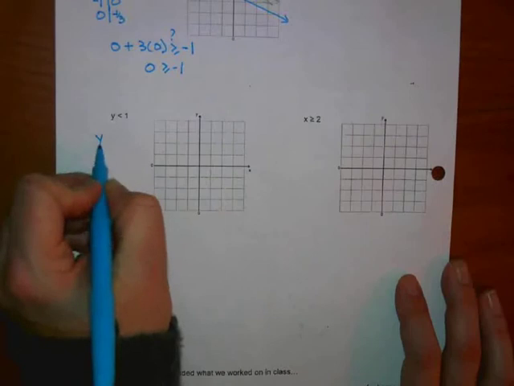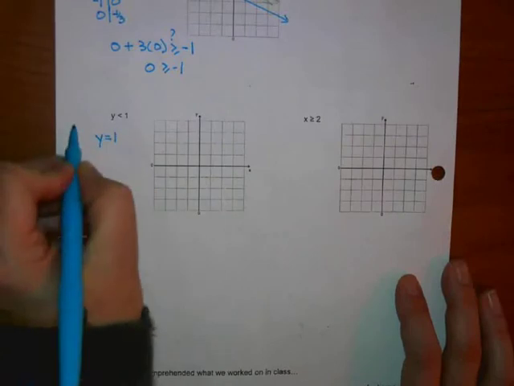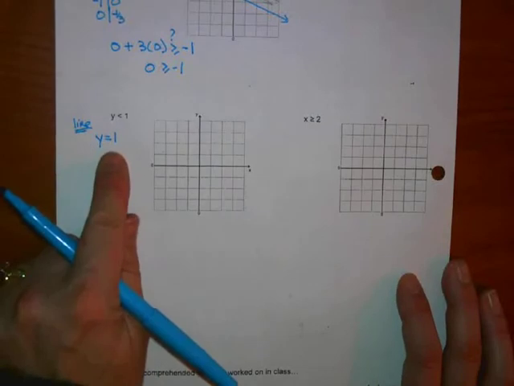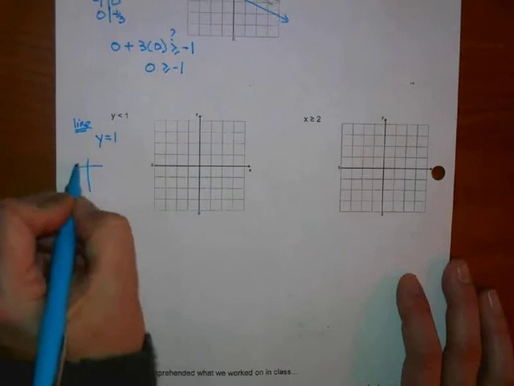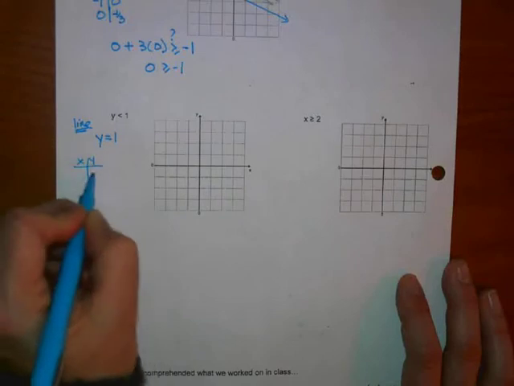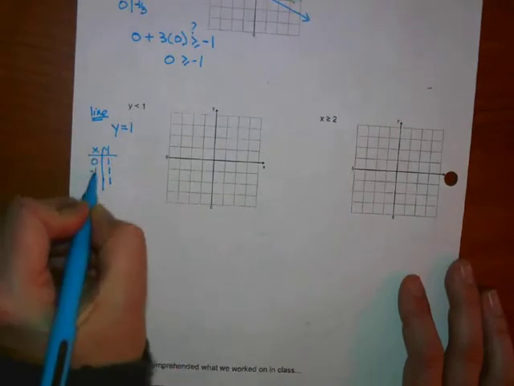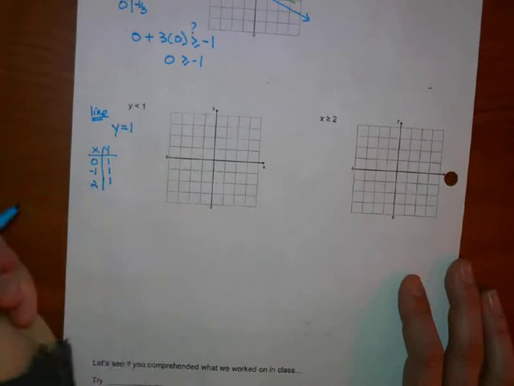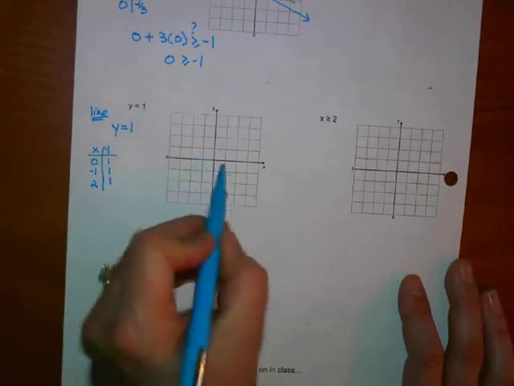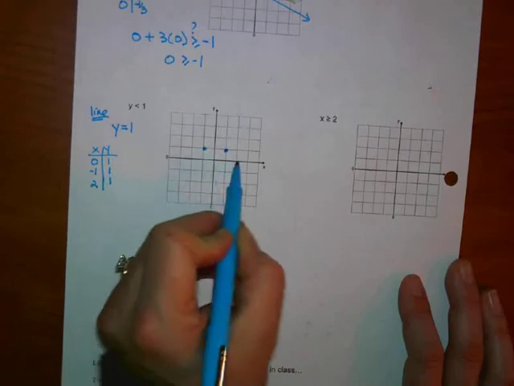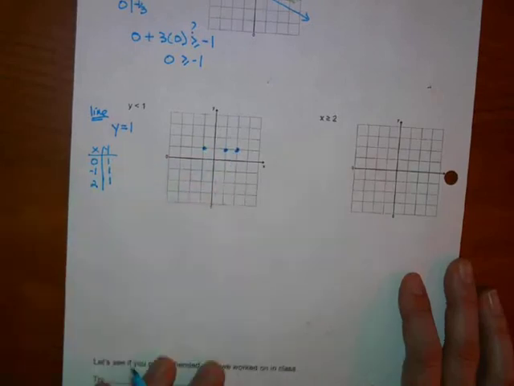Okay, if I write it like this, y equals 1, this is a line, and it tells you that all the y coordinates are 1. And if you can't remember what that line looks like, you can make a little table, make all the y coordinates 1, pick anything for x, doesn't matter, plot those points, over 0, up 1, -1, up 1, over 2, up 1.